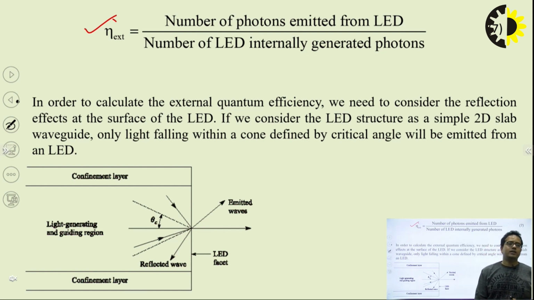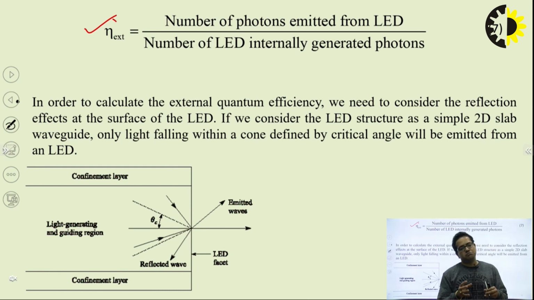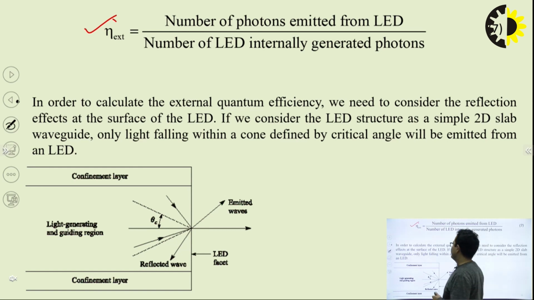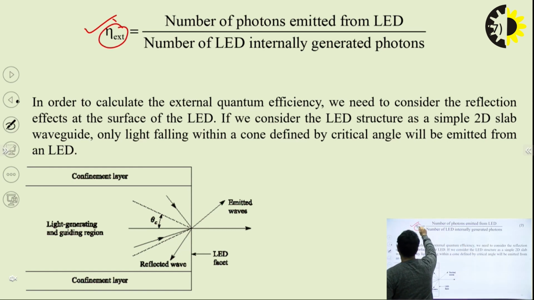The external quantum efficiency is given by the ratio of the number of photons emitted from the LED to the number of photons generated internally in the LED.